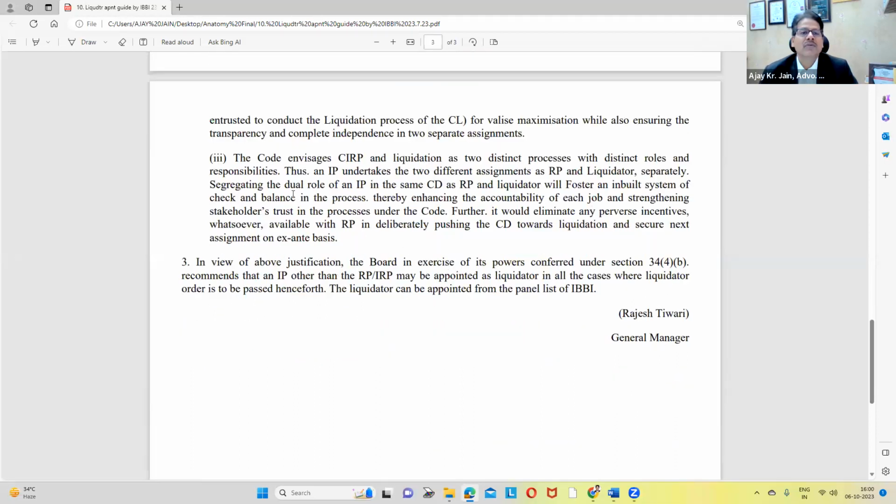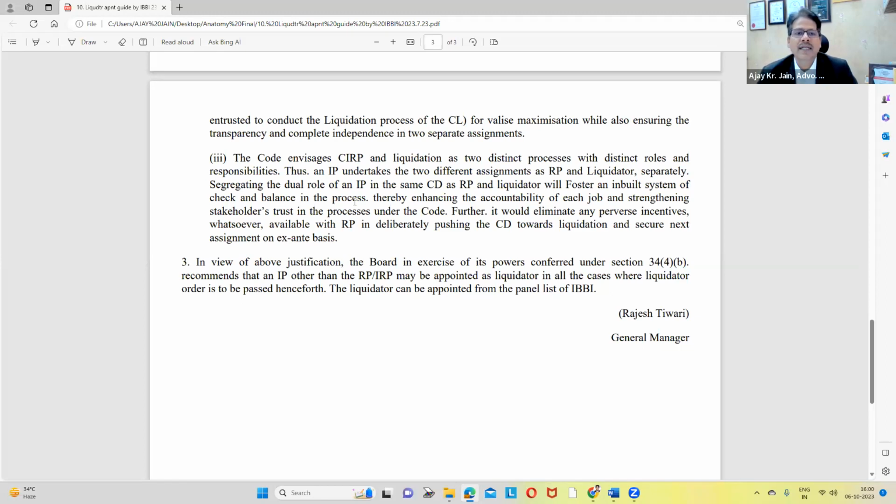Now come to the last concluding part. The code envisages CIRP and liquidation as two distinct processes with distinct roles and responsibilities. Thus, an IP undertakes two different assignments, as RP and liquidator, separately.